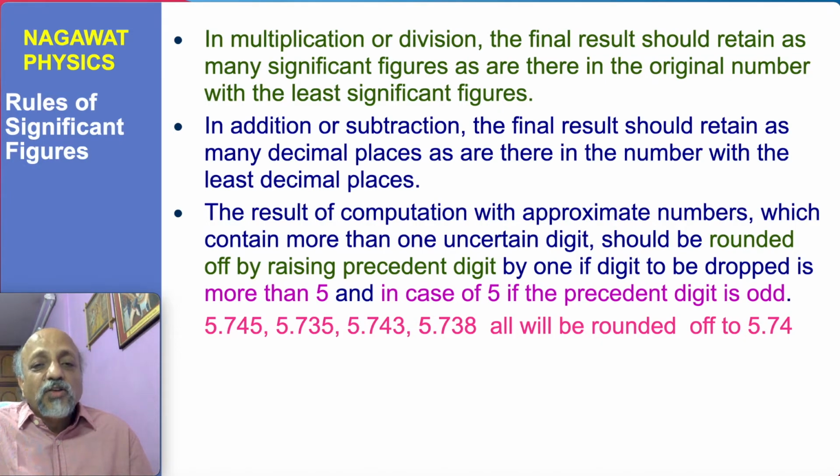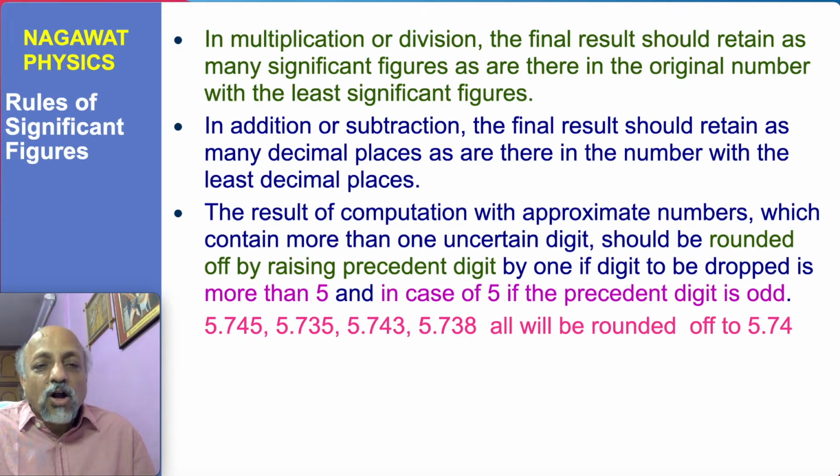But in addition or subtraction, a different rule we have to use, and that is that when we express quantities using decimal places, the final result should retain as many decimal places as there are in the number with the least decimal places.